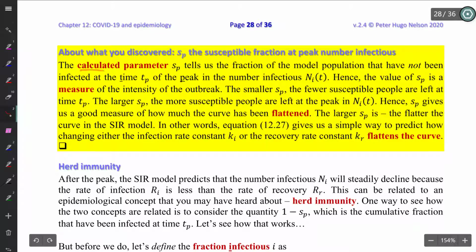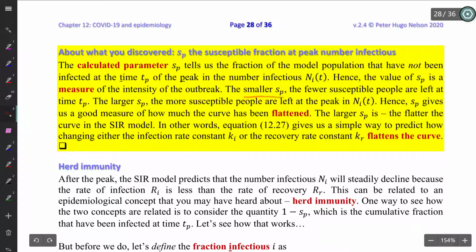Anyway, it's a calculated parameter, and it tells us the fraction of the model population that have not been infected at the time of the peak, which we're going to call TP. Right? So TP is the time of the peak, and it's the peak in the number infectious. So SP is a measure that tells us how intense the outbreak is.